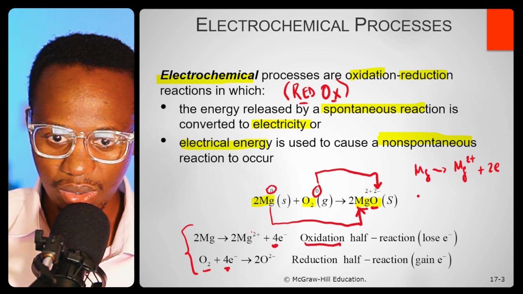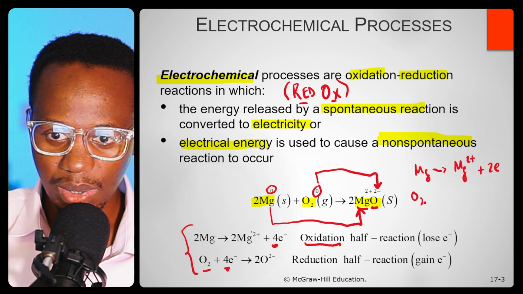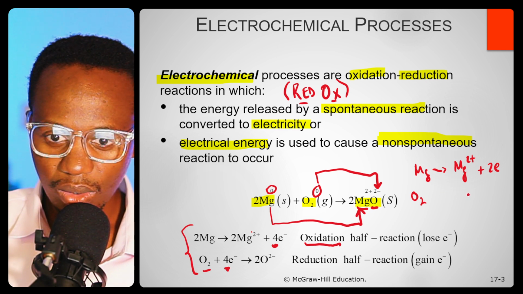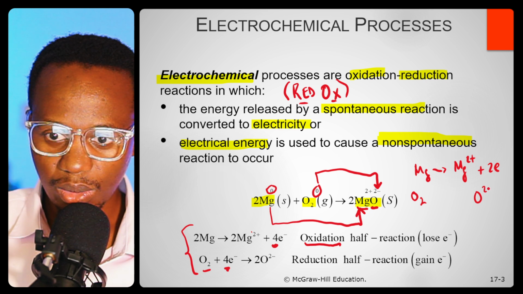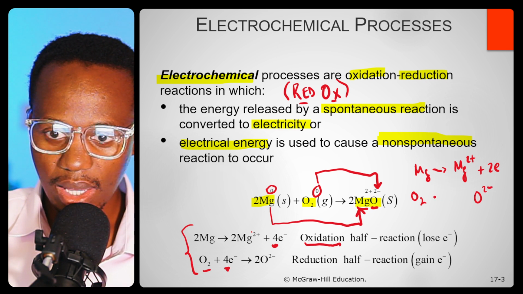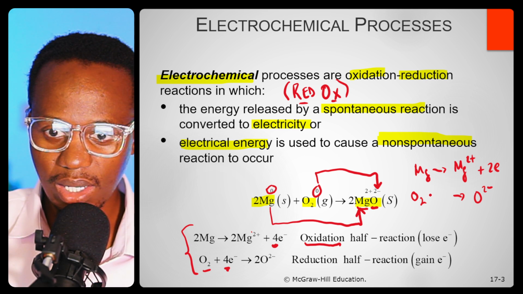And then the other half reaction is O2 became O2 minus. In order to do that, it means we gain electrons, so oxygen gains 2 electrons.